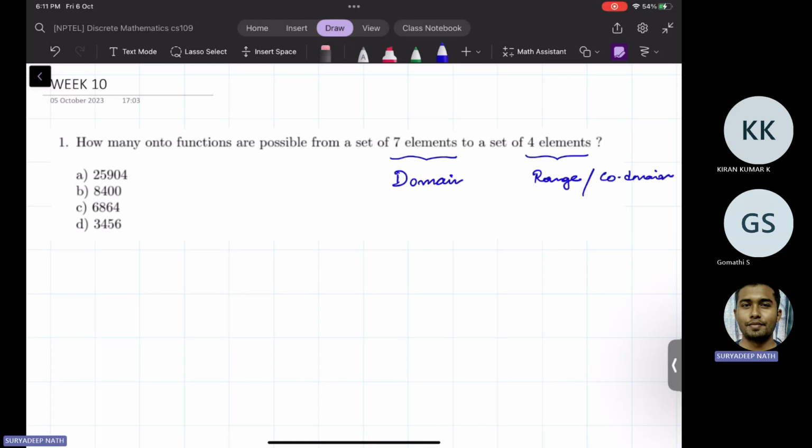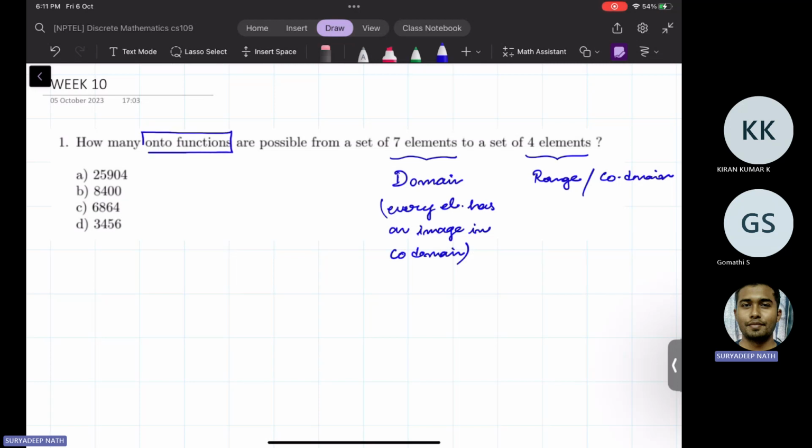Since it is a domain, it means that every element has an image in the codomain. That is the very definition of a function. Now, can anyone take a guess as to what onto functions are?